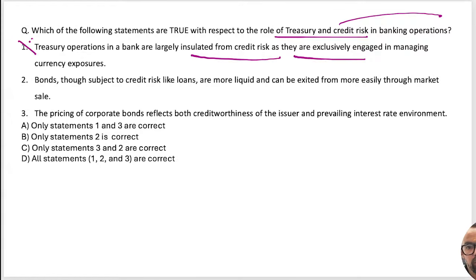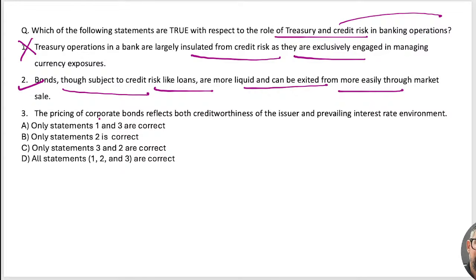The first statement is wrong here. Bonds are trading more toward the trading book. Bonds, though subject to credit risk like loans, are more liquid and can be exited more easily through market sale. Nowadays it is possible, because every bond gets traded in the secondary market.